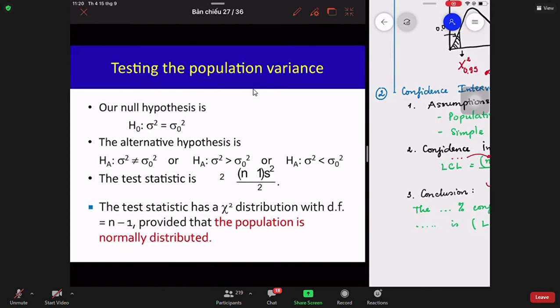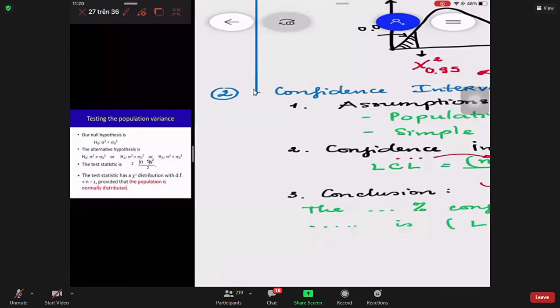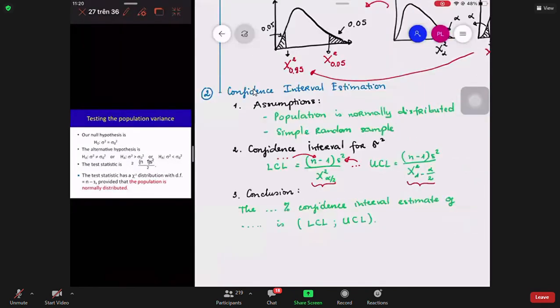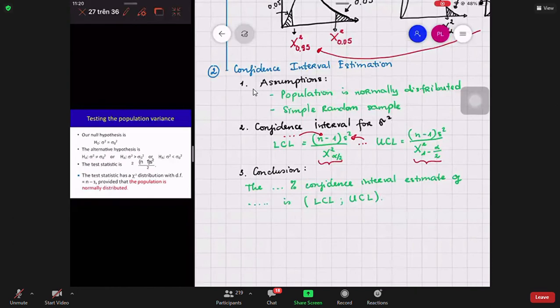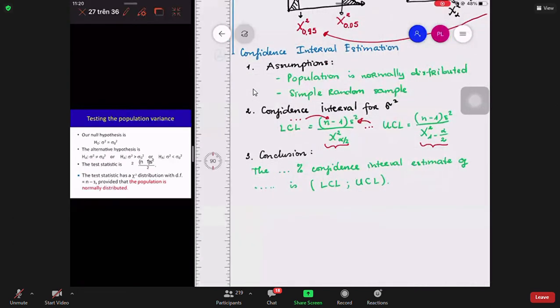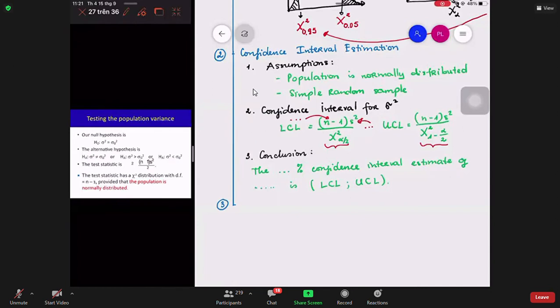All right, so that is the first case when we have to construct the confidence interval estimate. The next case here is when we have the hypothesis test. And I'll just summarize the steps for the hypothesis test here. For other things, you can just read it on the slide. So the hypothesis test.